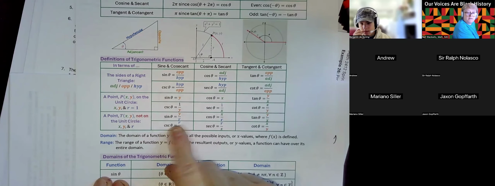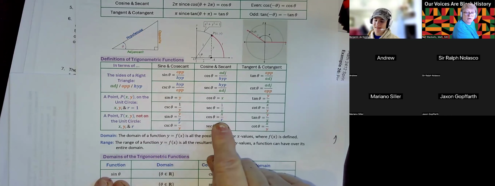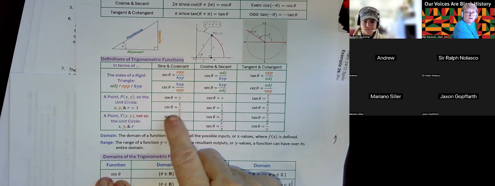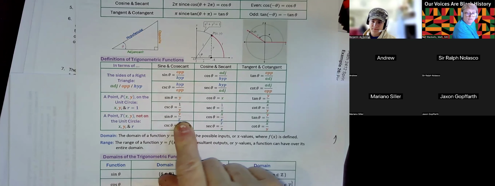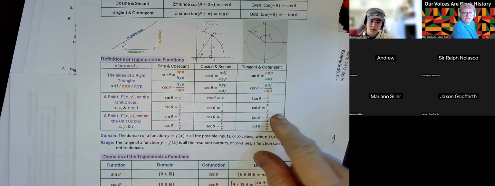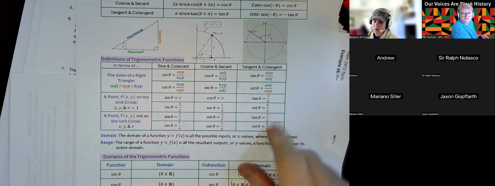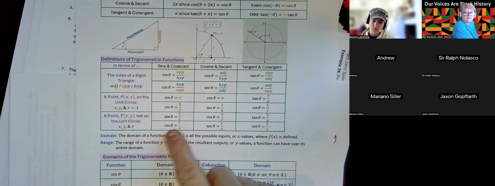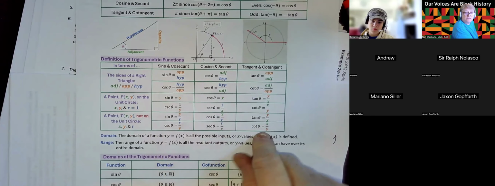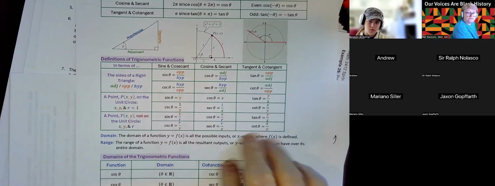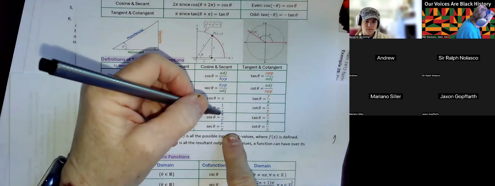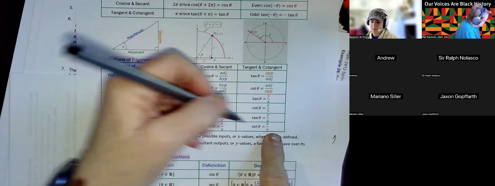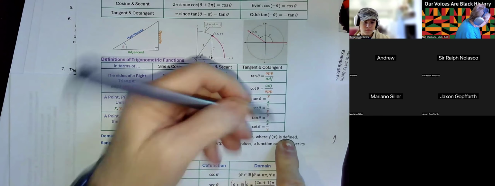The cosine is x over r. The sine is y over r, which we could have shown very easily, but I don't want to take the time. Tangent is still y over x, and cosecant, secant, and cotangent are reciprocals of their friends. So r over y, r over x, and x over y.